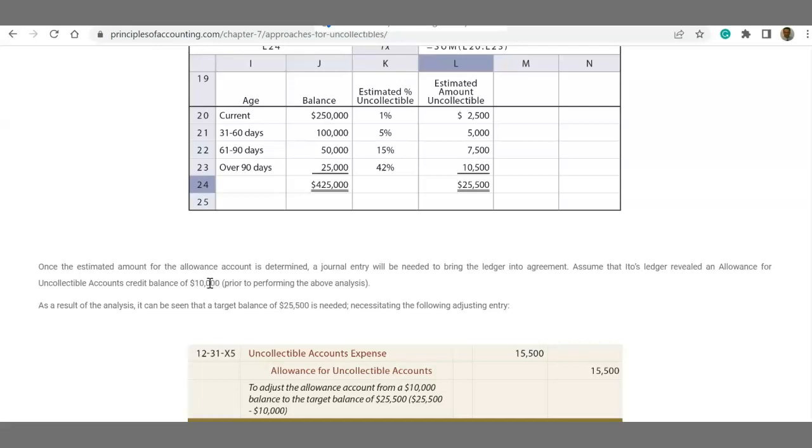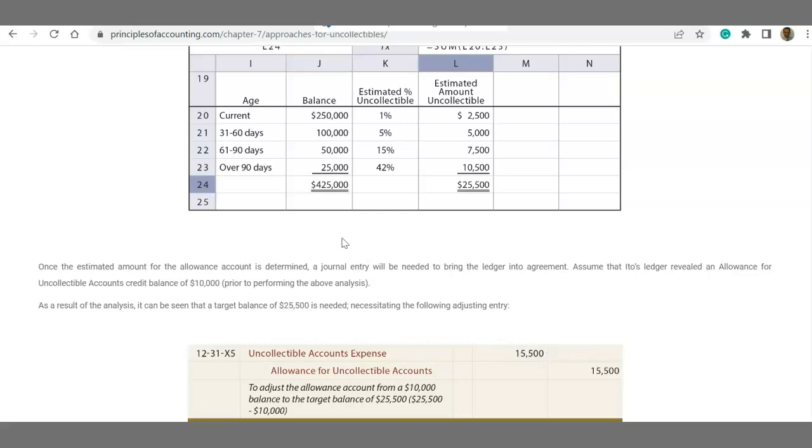Therefore, you already have $10,000 existing in the allowance left over from last period after writing off whatever is necessary. So this year on December 31st, you only need to add another $15,500 to the $10,000 existing balance, so uncollectible account expense, or bad debt expense, is debited only for $15,500.